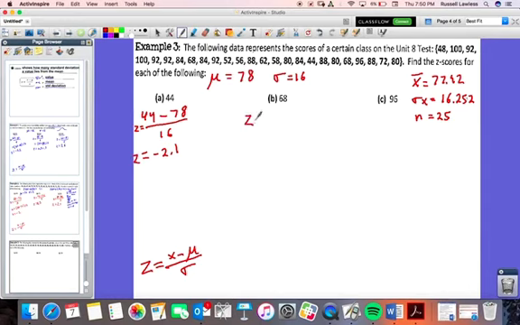We're going to set z is equal to the 68 minus the 78 over the 16. Well, that z is going to be equal to negative, let's see, 68 minus 78 over 16.